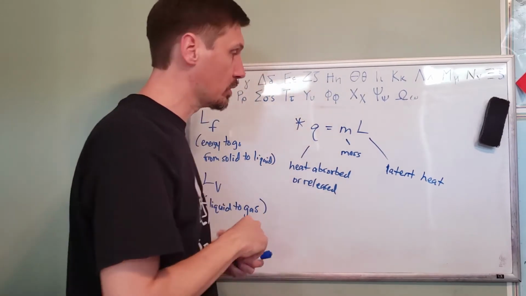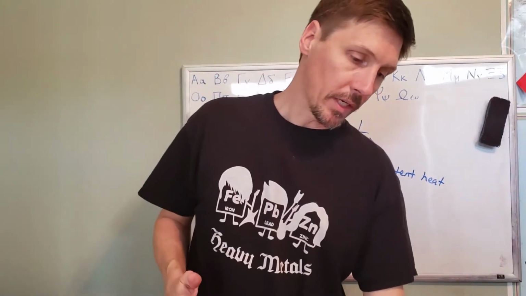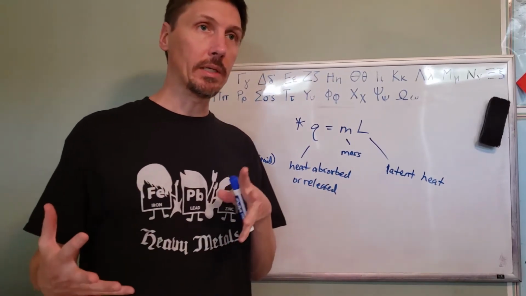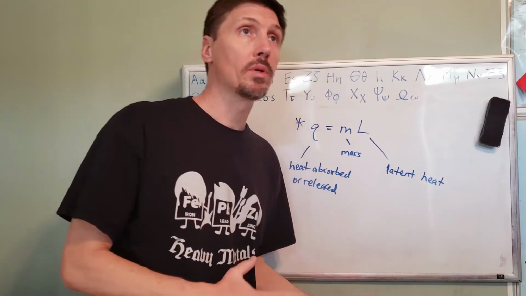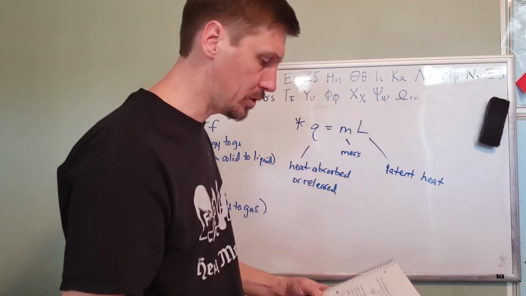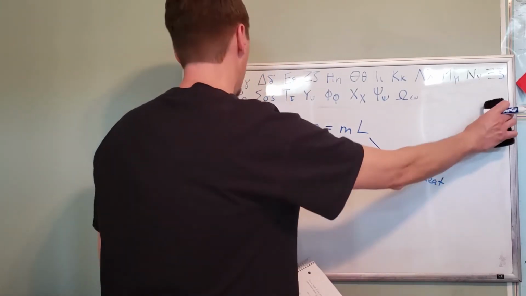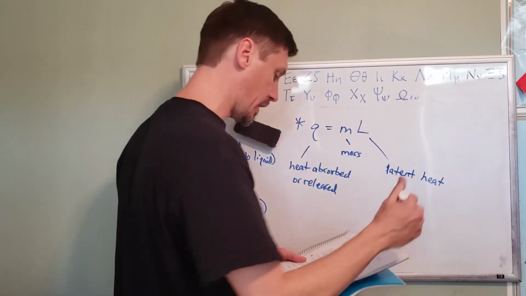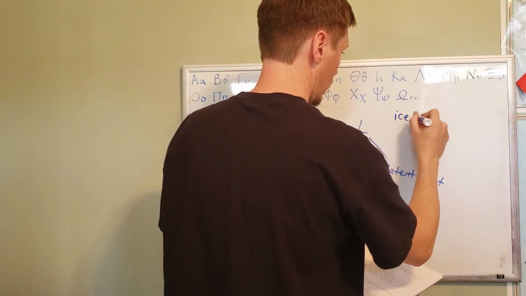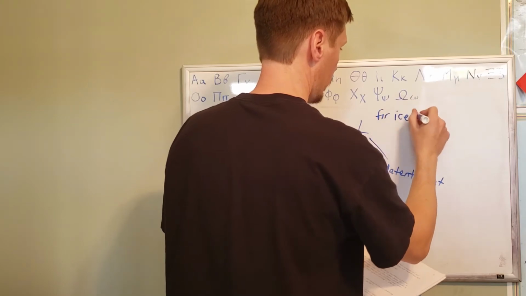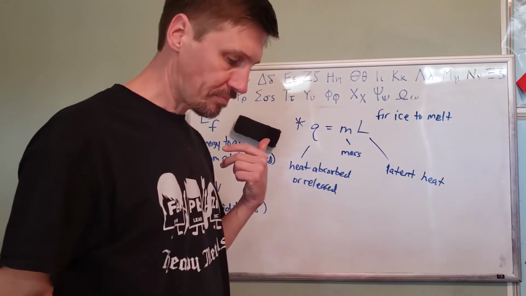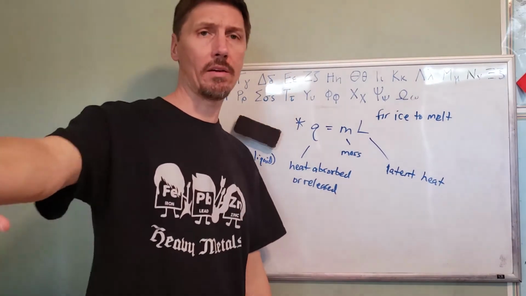Now one other thing I want you to know before we work some problems is that depending on what's happening, this latent heat will either be heat that is absorbed or heat that is released. For example, for ice to melt, it should make sense that the ice is going to have to absorb heat, right?